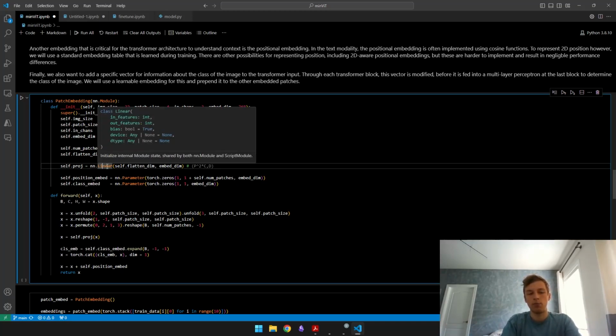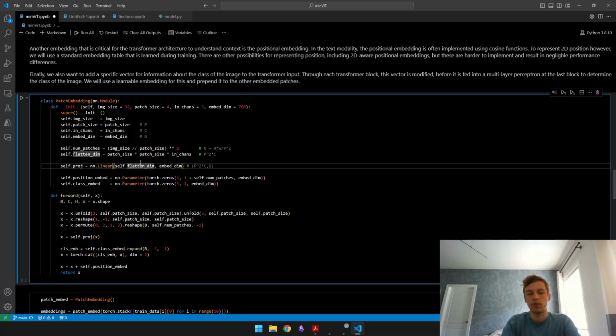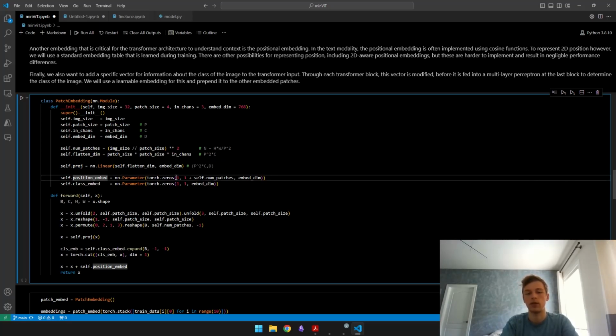And then we have a projection from the flattened dimension, from each patch dimension, to the embedding dimension. And this would be the same for all the vectors. And then positional embedding, again, this is a single vector, where we have a number of patches plus one of these.